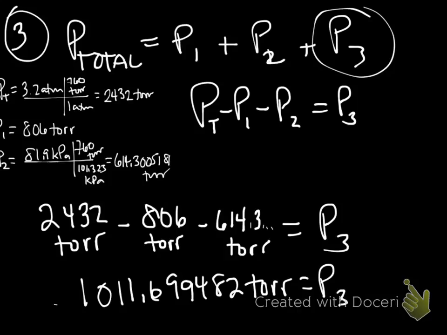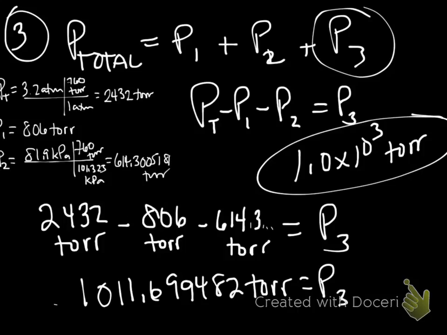How many sig figs can we have? 2. So the only way to correctly express that with 2 sig figs is 1.0 times 10 to the third torr. It's the only way to express it correctly. Questions, comments on that one? These aren't too bad because they're just a conversion, an addition and subtraction. The things to watch out for are just not over-converting. So let's look at 4.